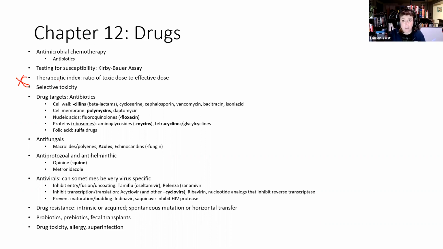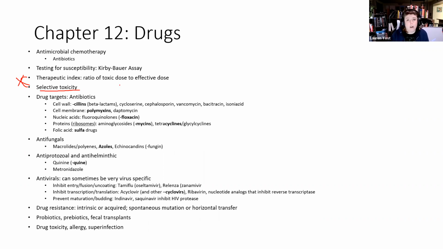So that's why we would want them killed as opposed to just inhibited, right? So we want it microbicidal with the least amount of side effects on the person that's taking it. So yeah, it is related to the concept of therapeutic index, but it's more or less talking about toxicity for both the microbe and the human at the same time, taking that into consideration. So that's selective toxicity, and that's an extremely important concept in Chapter 12.